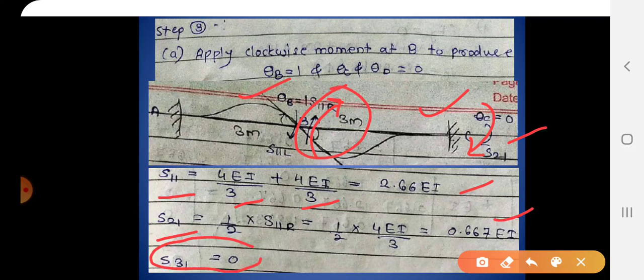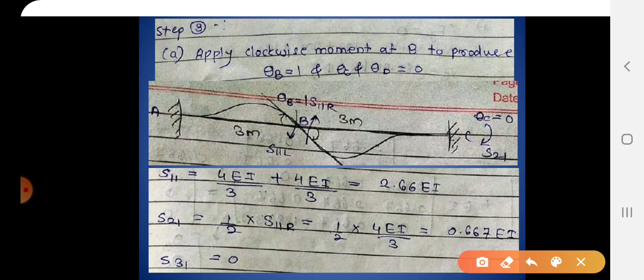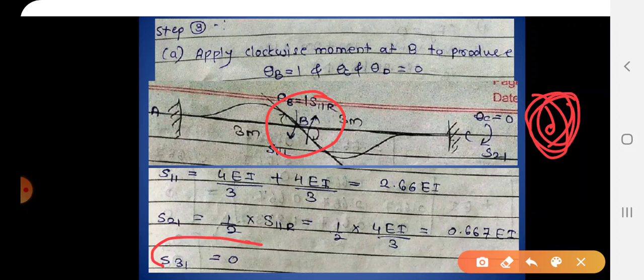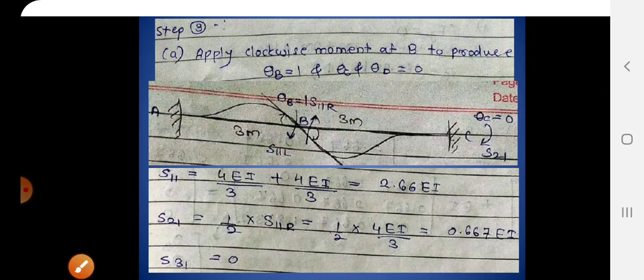And what about S31? Due to this applied moment at B, there will be no moment at end D. Therefore S31 is equal to 0.